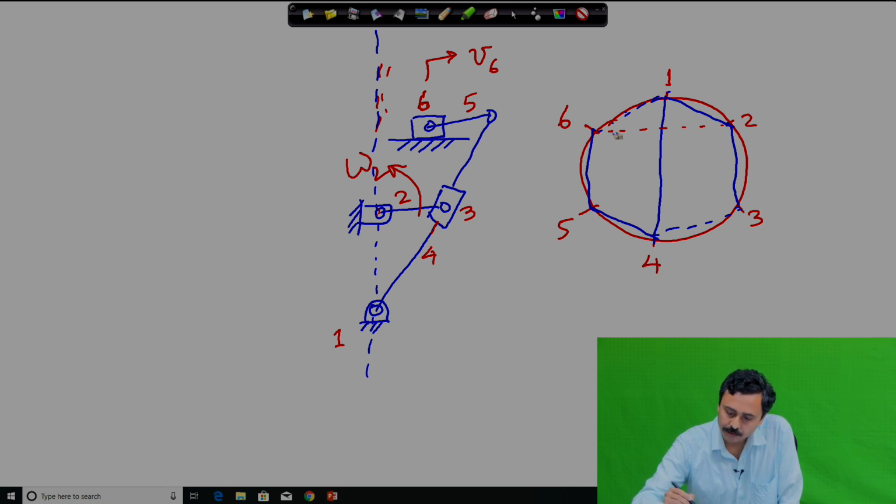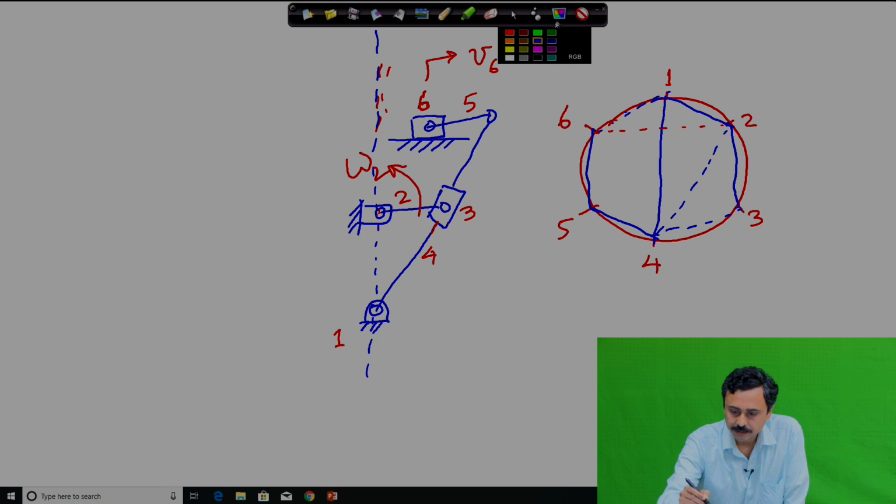I can find out 2 4 by taking the paths 1 2 and 1 4 and 2 3 and 3 4.